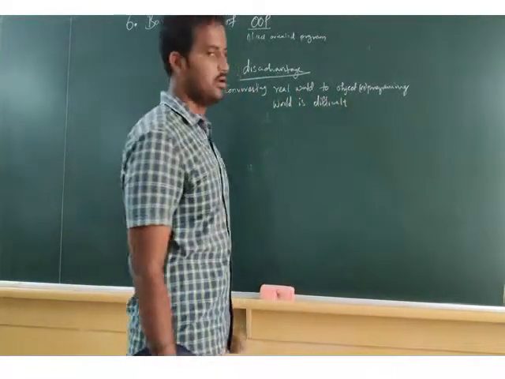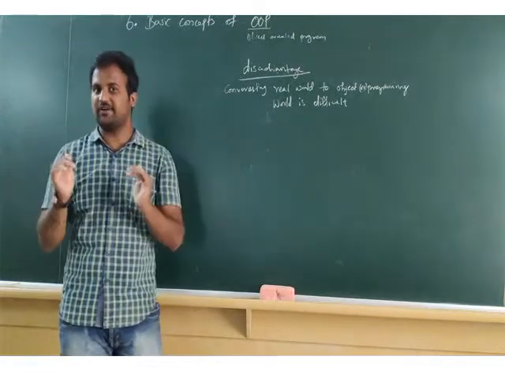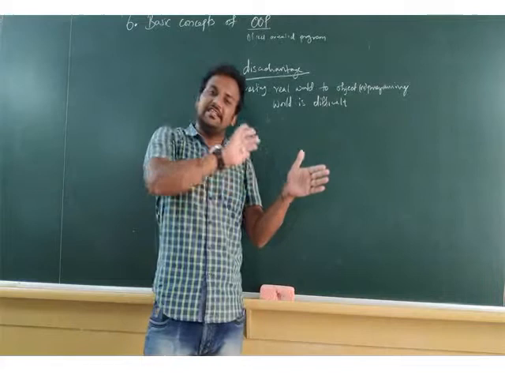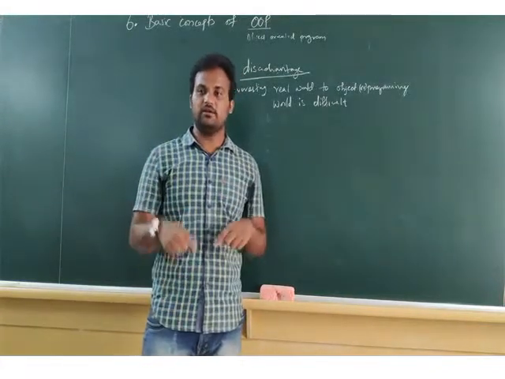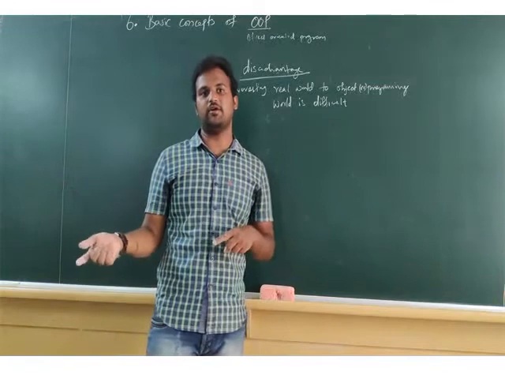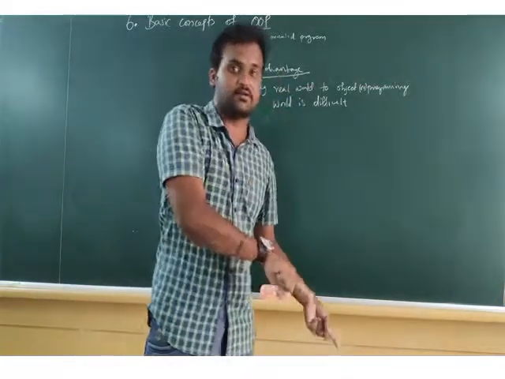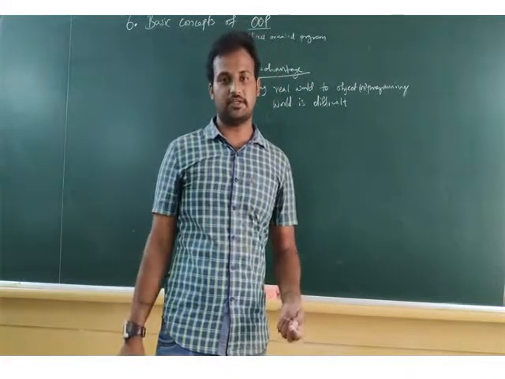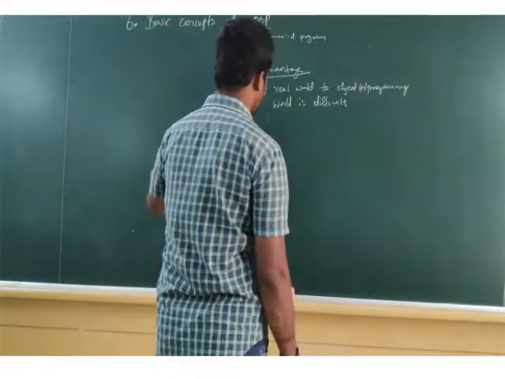Here, real world things, what we want in real world, we have to bring it in software. That is a little bit difficult only. Whatever real world problems we have, we have to solve them in a computer by using software or by preparing a software. That is a difficult task. So here is one advantage, one disadvantage.